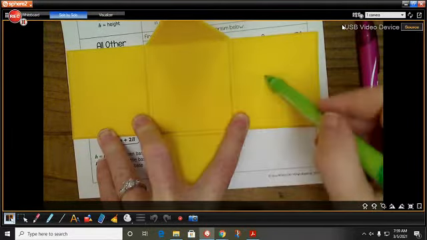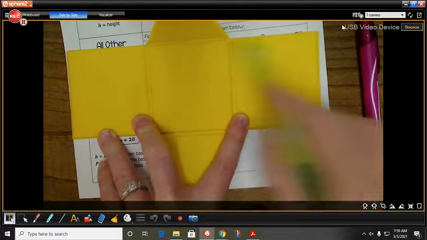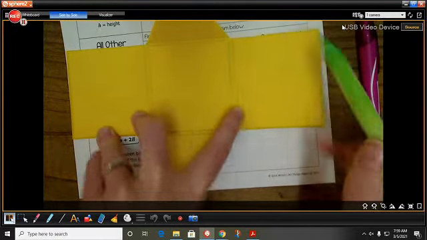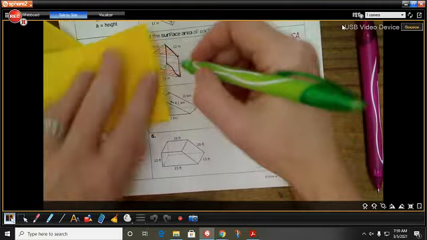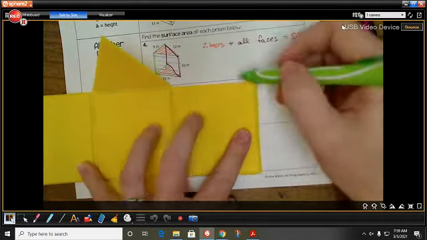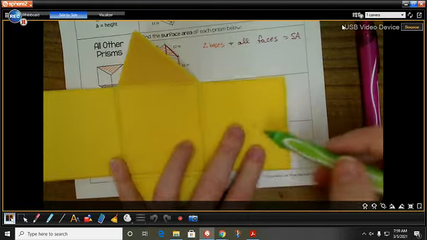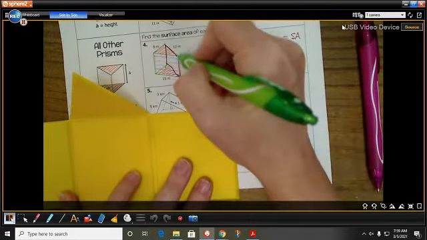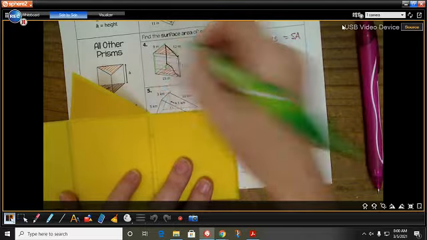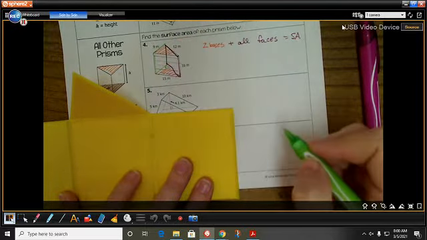All of the faces of my triangular prism make one big rectangle, and it has a height. That's the height of my prism. The length around this giant rectangular face is the distance around my triangle on top. And so that's actually the perimeter of the base.